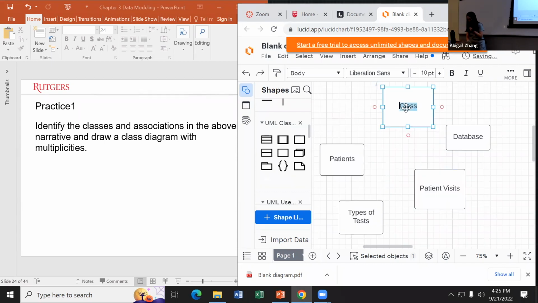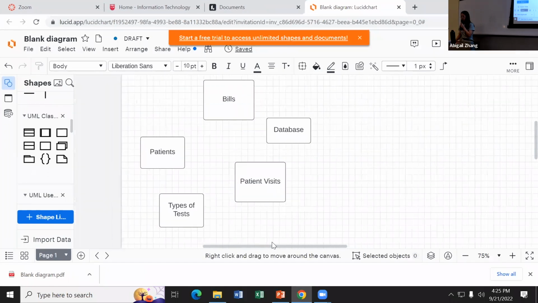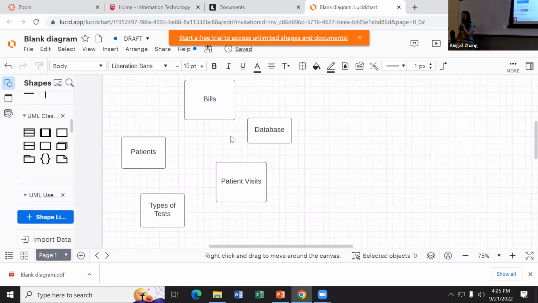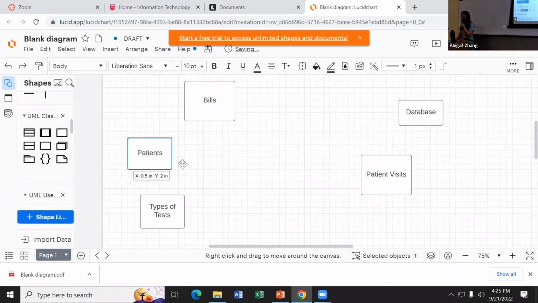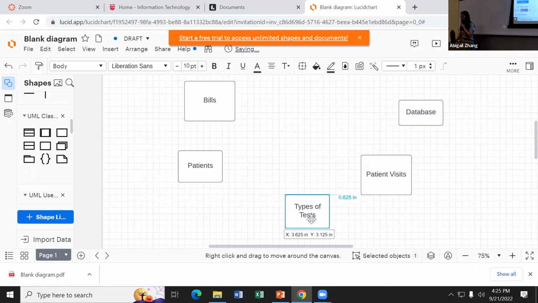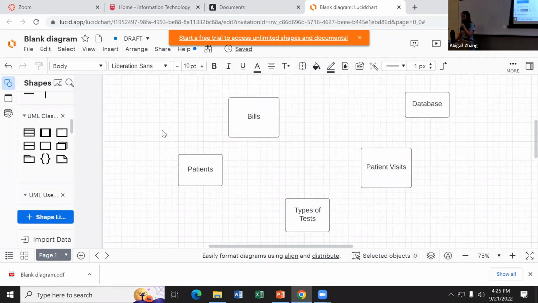My classes here are a little bit messy, right? So if you can organize them in a better way, you can do it. Are there any more classes that we should be documenting? I guess that's pretty much it, right? We have patients, types of tests, database, and patient visits. Okay, so let's say we are all set here.